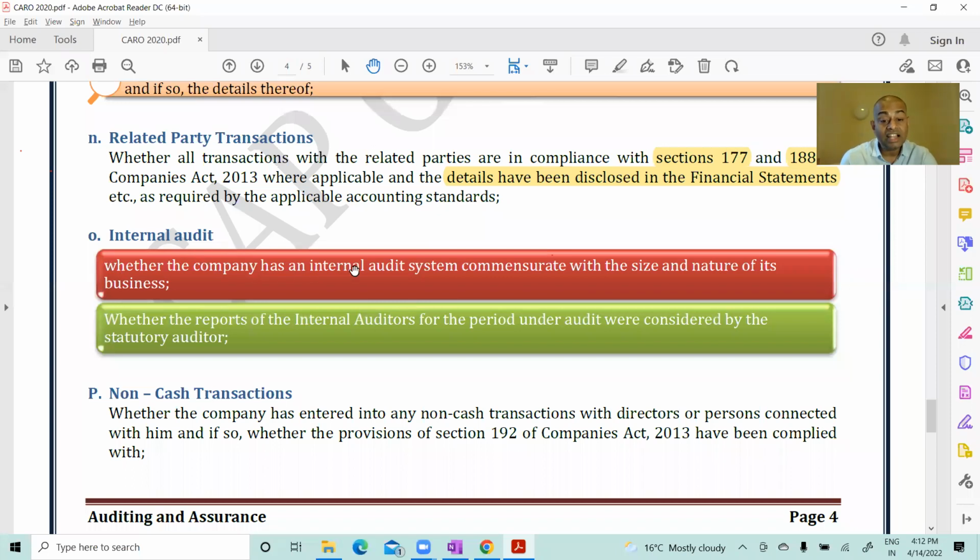Whether the company has an internal audit system commensurate with the size and nature of its business. Commensurate means adequate. How strong your internal control system is, how strong your internal audit system is. The bigger the company, the stronger the system should be.